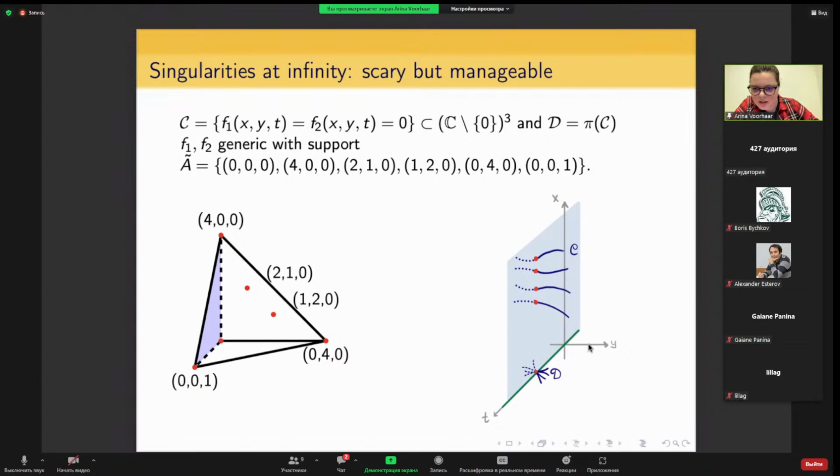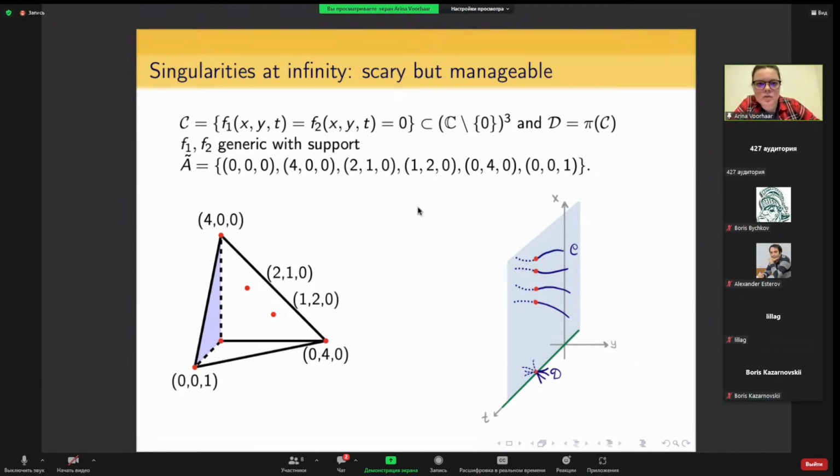So we have three coordinates x, y, t. I want to consider the plane xt, so y equal to 0. And what I want to understand is how the curve C, defined by a generic tuple of polynomials with this support, intersects this plane. That's the smart words I was saying.